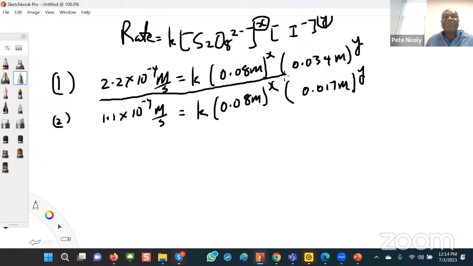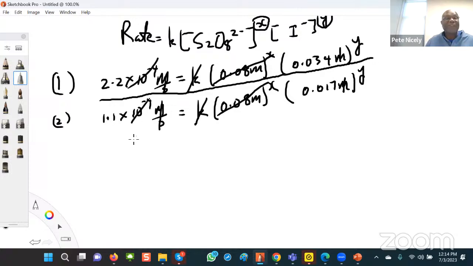In doing so, I can cancel out things common to the numerator and denominator, such as the K's, the 0.08 raised to the X, and all the units. The 10 to the minus 4 cancels out as well.